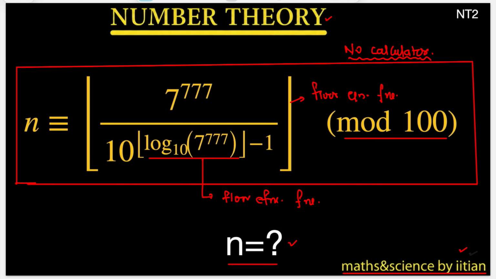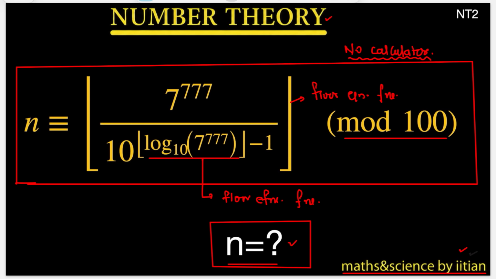Here I will be going with the mathematical notation and solving the problem for finding the value of n, so that n is equivalent to 7 to the power of 777 divided by 10 to the power of log of 7 to the power of 777 to the base 10 minus 1, where the floor functions are given clearly.